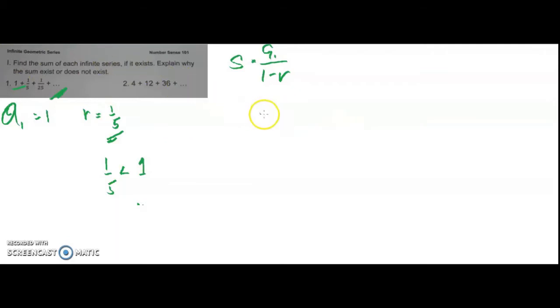So let's try to find out. S is equal to the first term, 1, over 1 minus 1/5.